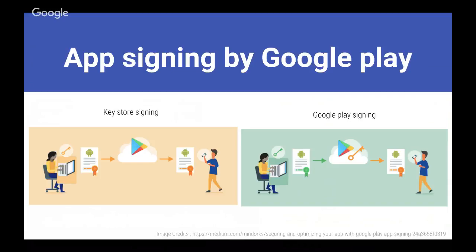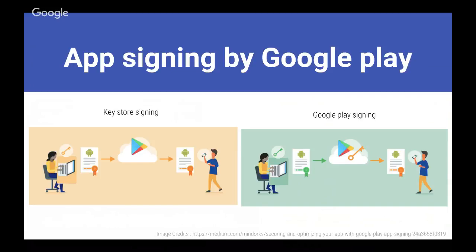Now, in Google Play signing, there is a slight change. When you opt in, you give Google Play a copy of your key store. Google Play will then give you an upload certificate, which is another key store that you can download from Play Store. When generating an APK, you sign it with the upload key and give it to Play.